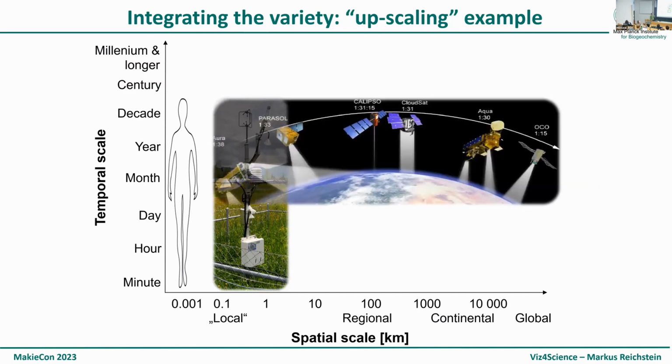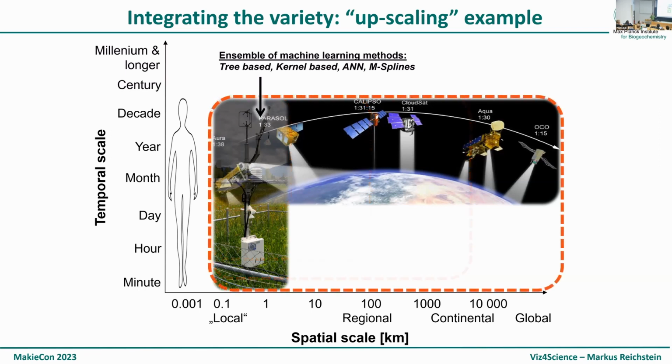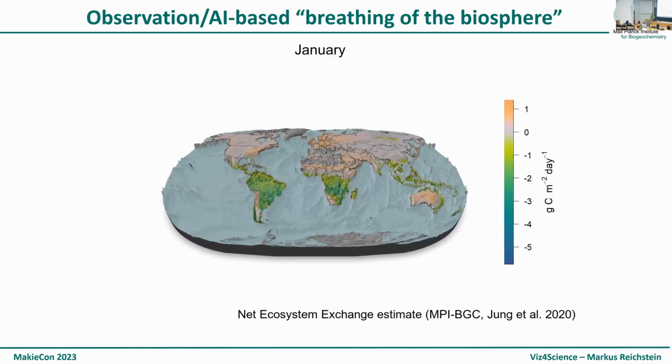This is now not so much about visualization, but quickly, we basically use information of both the data streams, the local ones and the ones that are globally observed, and use information at the intersection of these two scales, and do some machine learning regression methods to be able to map these remote sensing data onto the exact measured fluxes, because these fluxes cannot be observed directly with remote sensing, right? And then we can apply this regression model globally using the globally available remote sensing and meteorological data.